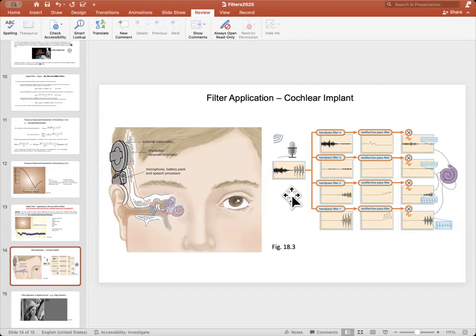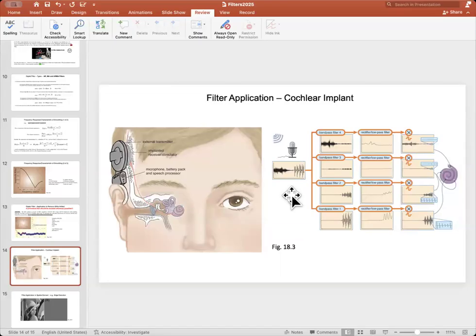Which means that, in the end, if you have high frequencies, you get stimulation of the high frequency part of your electrode, which is at the base of the cochlea. And you get the low frequencies represented at the top of the cochlea.